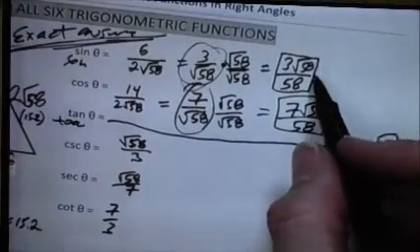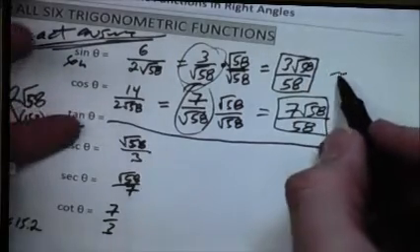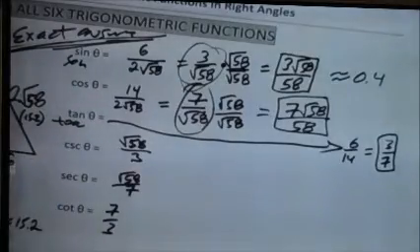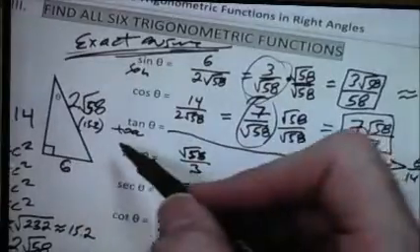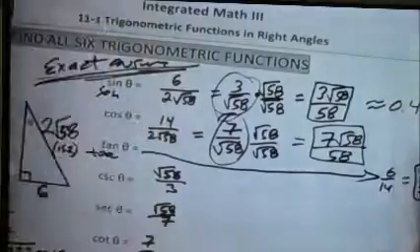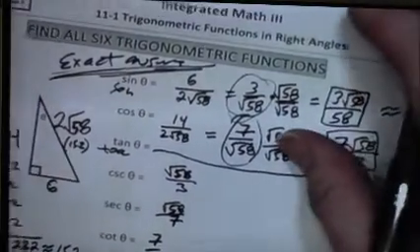If you multiply that out, you'll get 0.4. So I'm going to say approximately 0.4, so that's what the sine is. So if you don't have to do exact answers, then just do 6 over 15.2 and get 0.4 and put that for your answer. So be very happy when I don't tell you one way or the other.